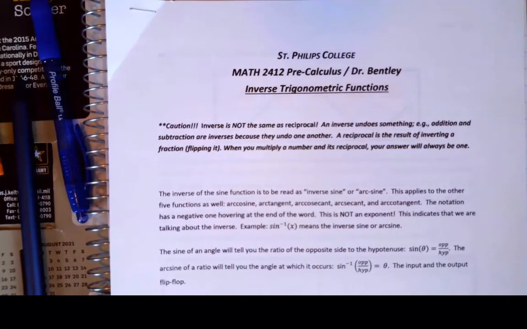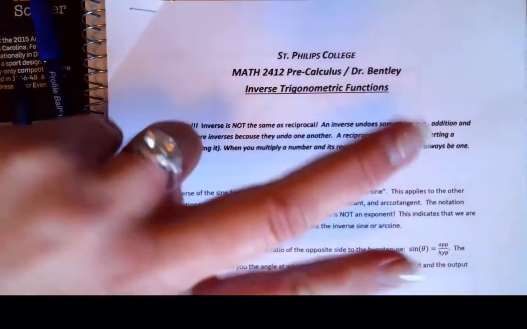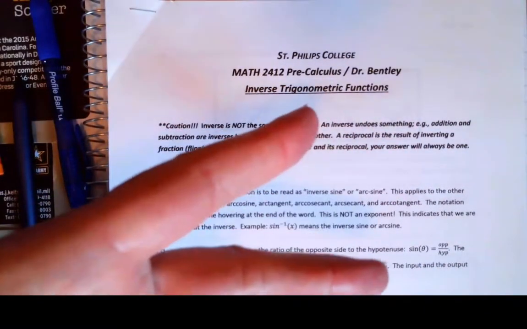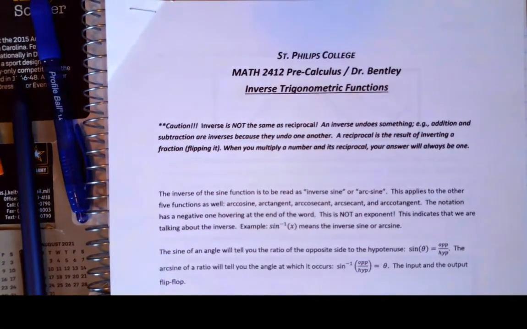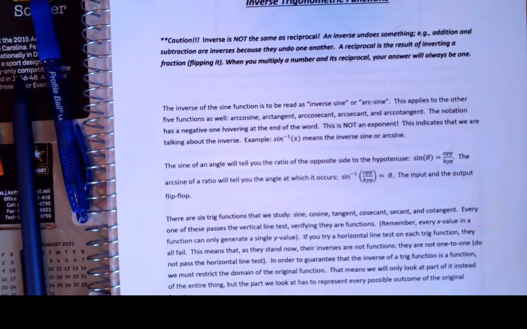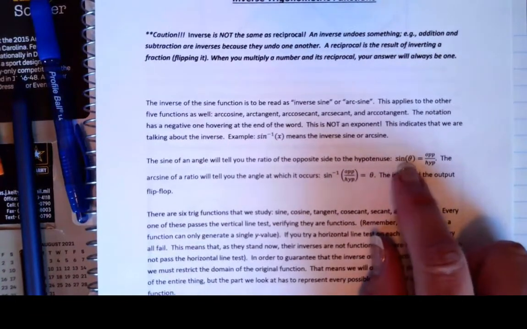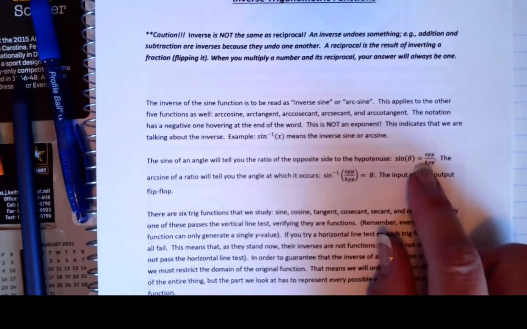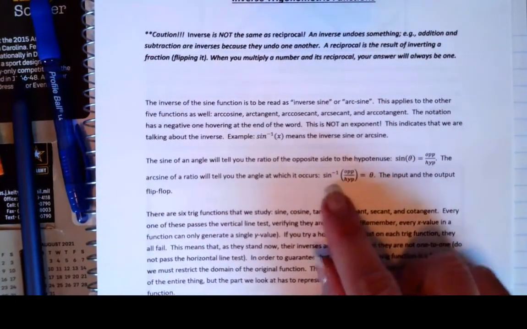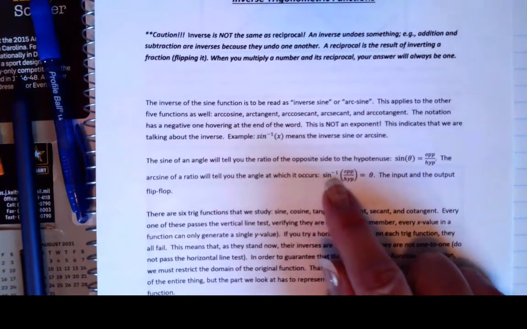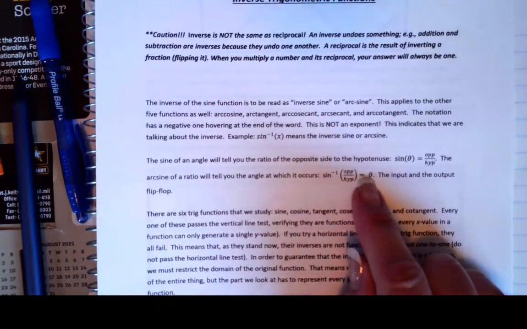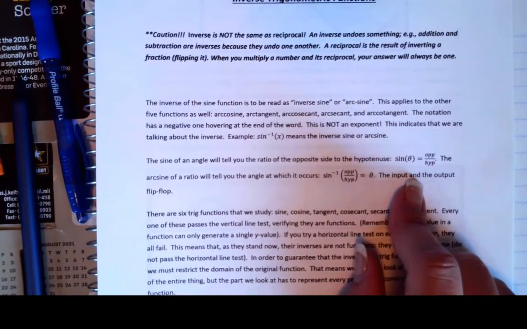A reciprocal is when I flip or invert my fraction. An inverse undoes something. The inverse of sine is to be read as inverse sine or arc sine. The sine of an angle equals the ratio, but the inverse of that is the arc sine of the ratio equals the angle. So the input and the output flip-flop.